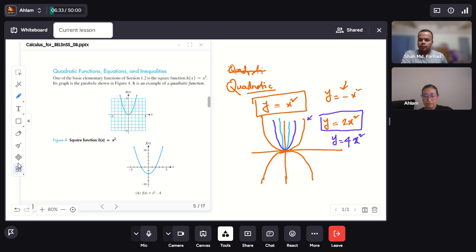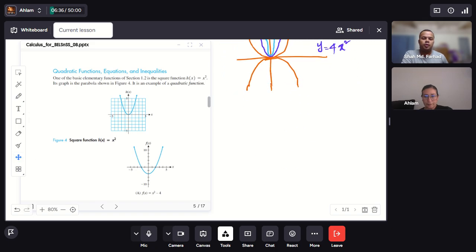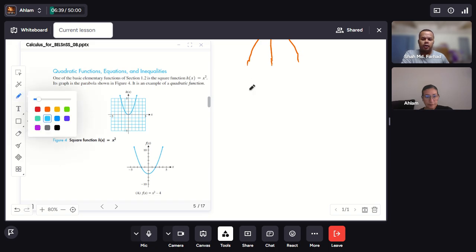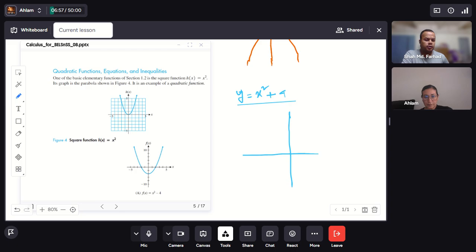Now if we are given y equals x square plus 4, what will be the graph of this function? We have here plus 4.